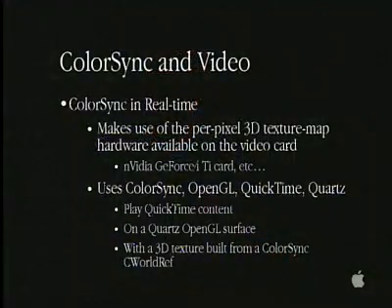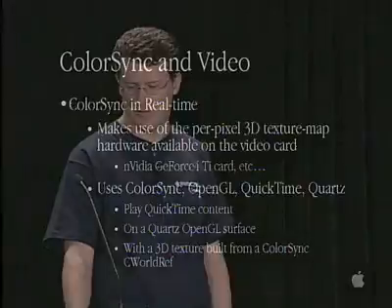The idea behind using real-time ColorSync is to make use of the per-pixel 3D texture map that's available on some modern video cards, such as the GeForce TI card. And there are other cards coming out that also support this capability. And it actually makes a great case study for how well ColorSync is integrated into the Mac OS X system. Because in order to achieve this goal, we need to bring a lot of technologies together at the same time.